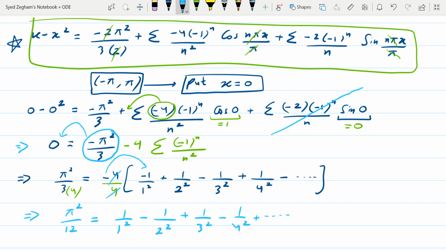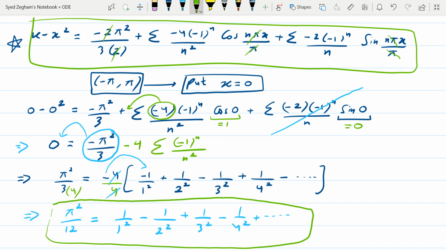The series will continue. And this is what they have asked you. This is the special series they asked you to deduce. So that deduction part nicely you have achieved using the Fourier series.